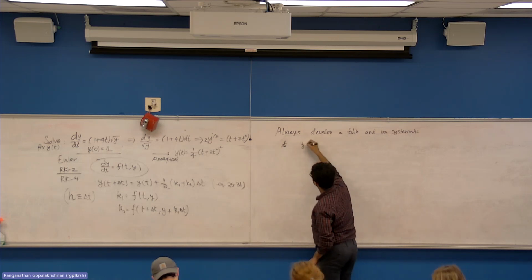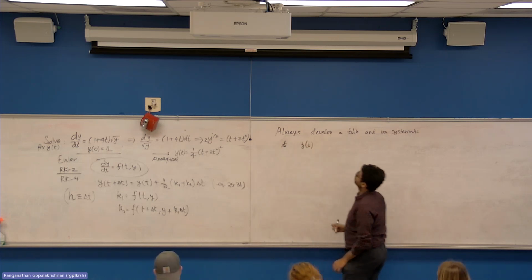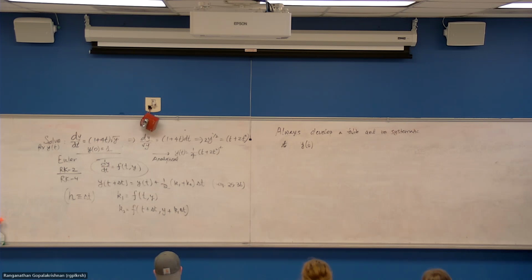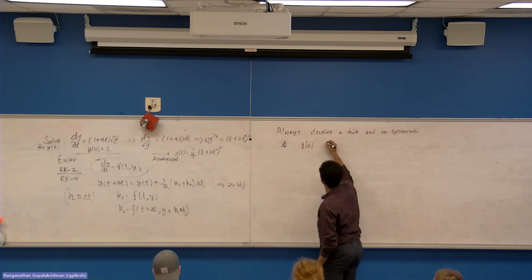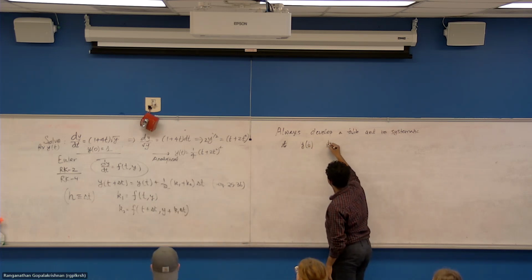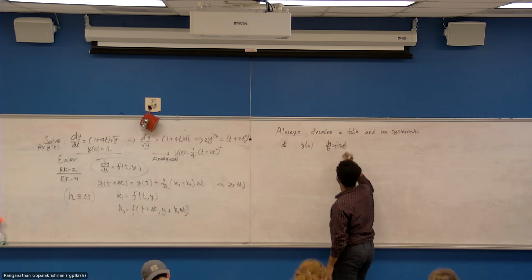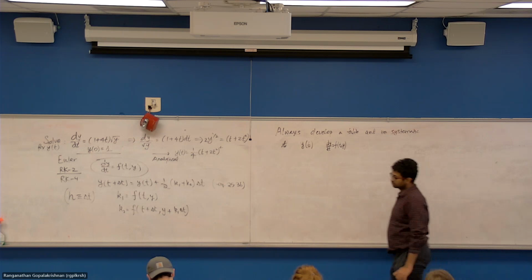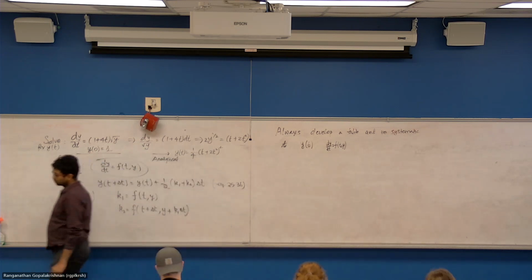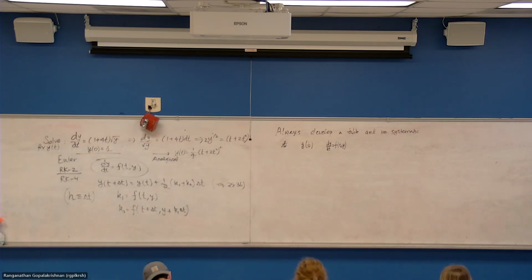And what is the value of y, the solution at that time, y of t. And then this right hand side function, dy by dt or f of t. So far, right?